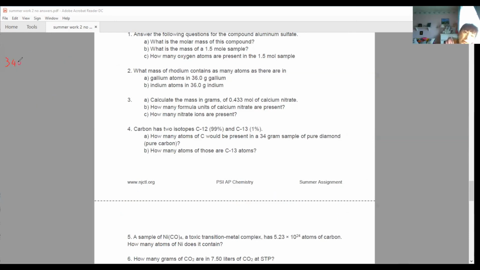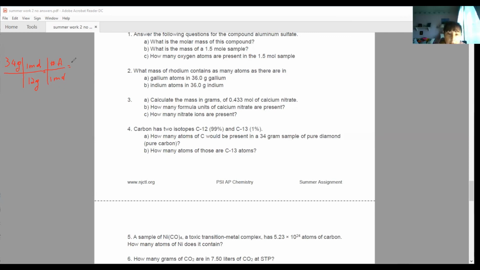So 34 grams, and 12 grams of pure carbon is 1 mole, and in 1 mole there is the Avogadro number. What do they want? Atoms of carbon. So 34 divided by 12, times 6.022E23, so it's 1.71E24.